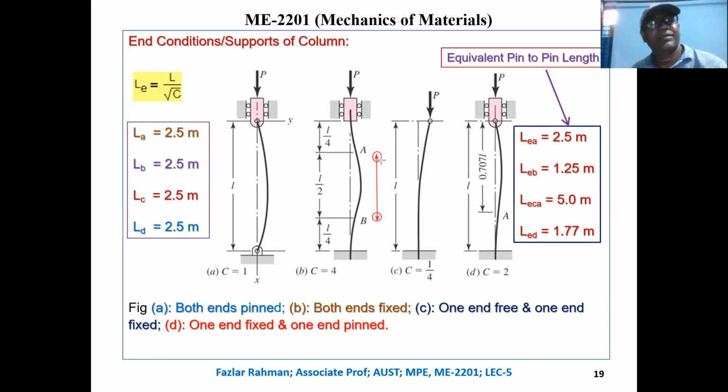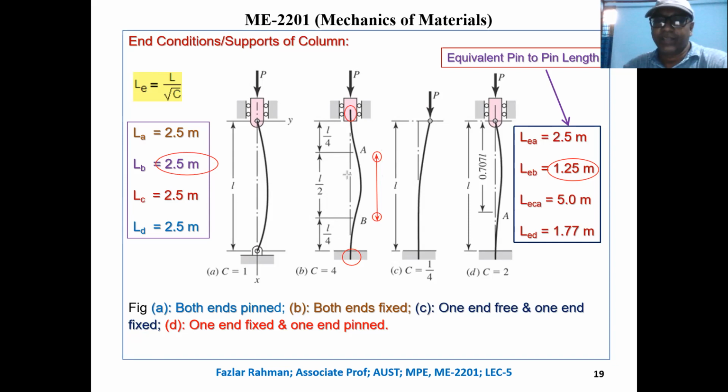You got it? By experiment. Say you are taking two columns. A column with length 1.25, this column, and you take another column, length is 2.5 with both ends fixed. This length is double of this one, right? Due to the experiment, you will see both carrying the same load.